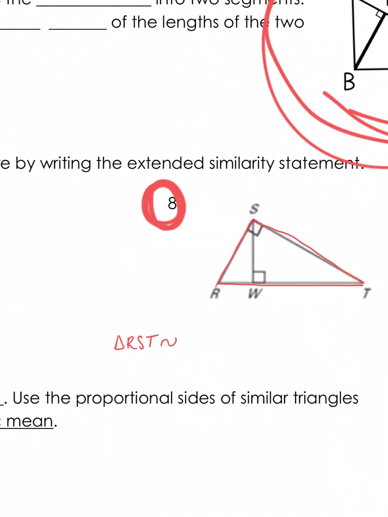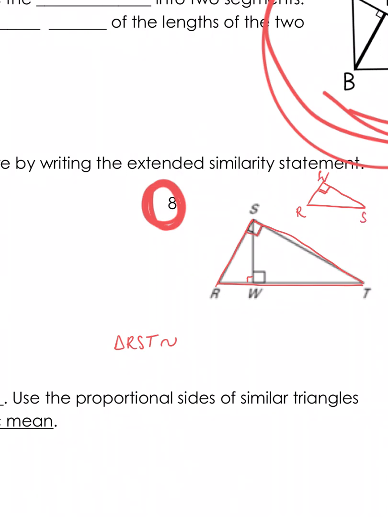Then I like to draw a little triangle in a similar orientation, so my right angle is at the top, and my hypotenuse across the bottom. My hypotenuse is going to be opposite my right angle, so that will be RS, and R is going to be the vertex on the short side. Here, the hypotenuse RS, and then it has a right angle at W.